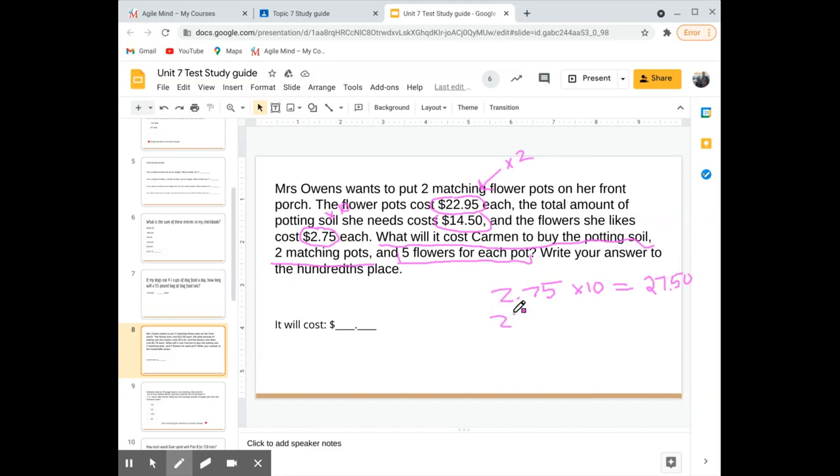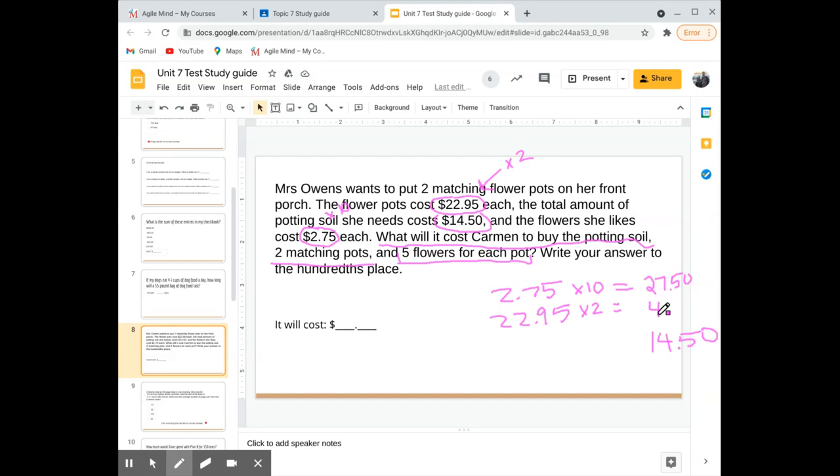Then we need $22.95 times 2. And then we have to do something with $14.50. Don't we just add it? Yes. So I'm just waiting on y'all to come up with the $22.95. $45.90.